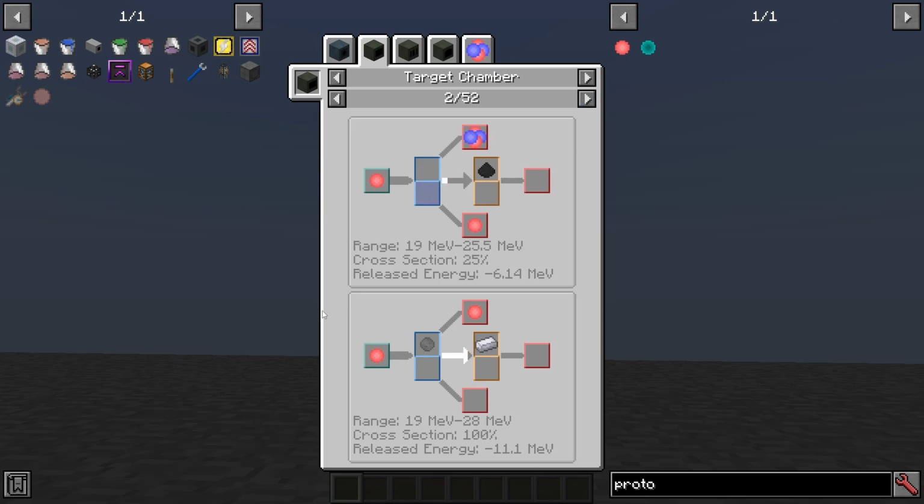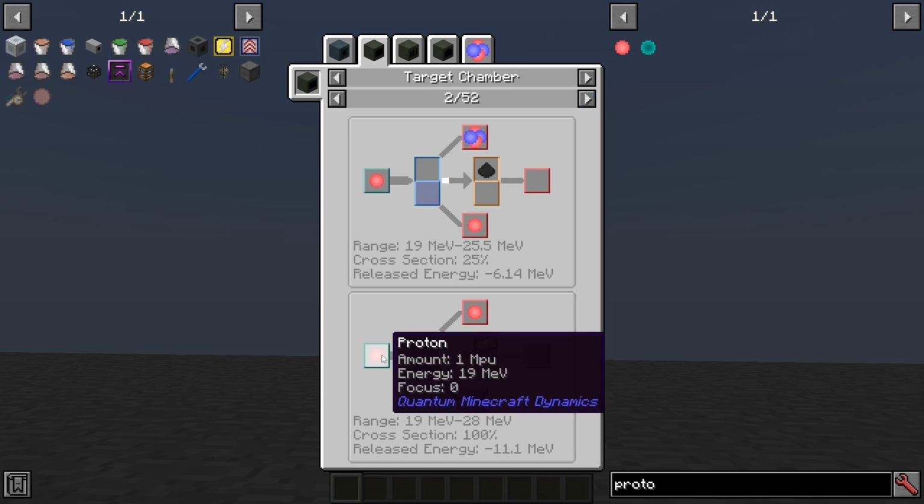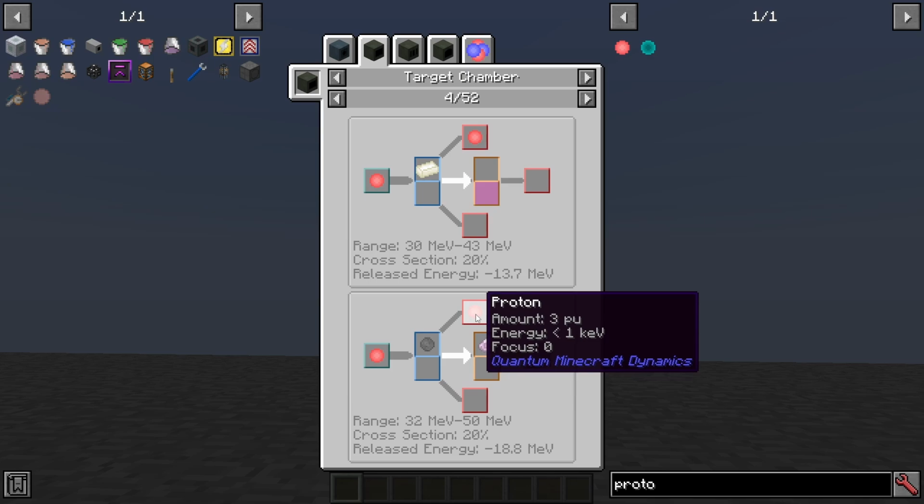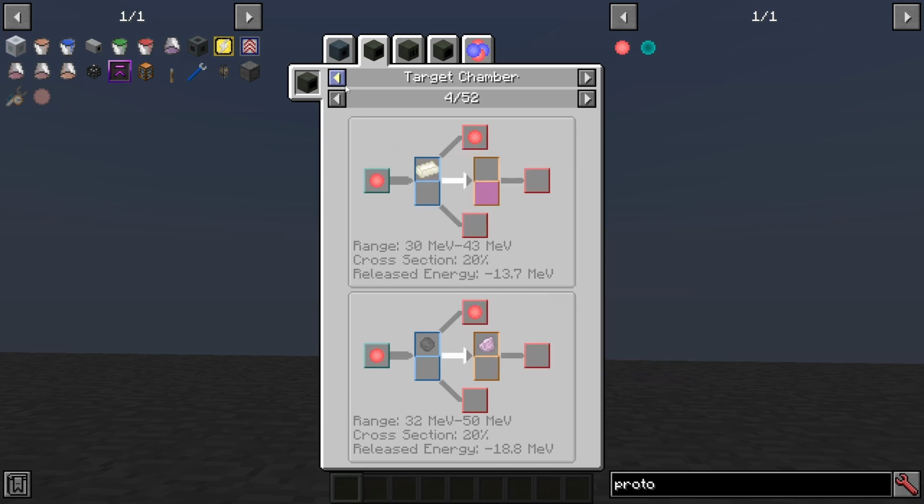The recipes I like in particular are proton plus silicon makes 2 protons, and proton plus silicon makes 3 protons. So I'm going to stick with those two. I like these recipes because both have a pretty high cross-section. The first one has 100% cross-section and the other has 20%.